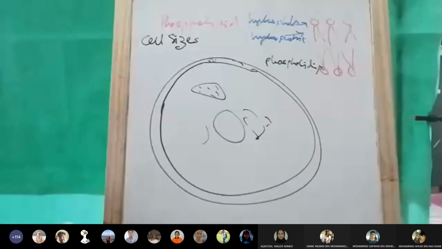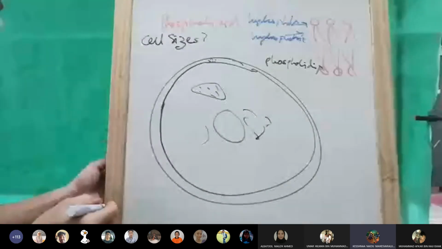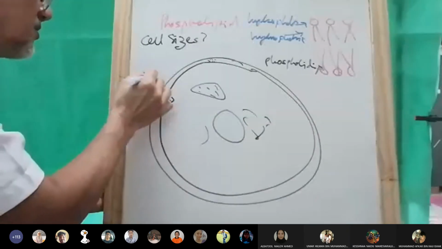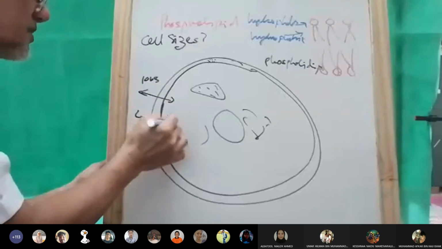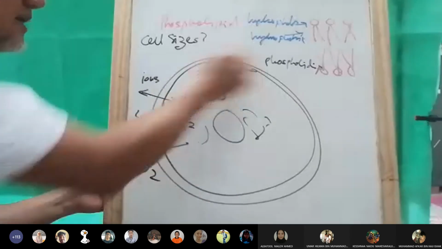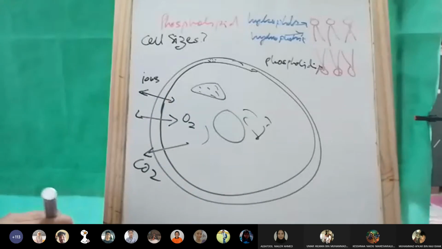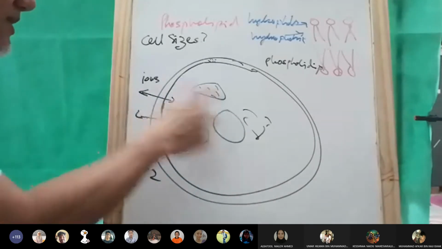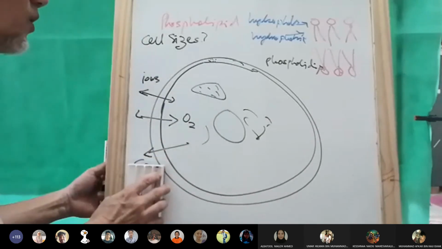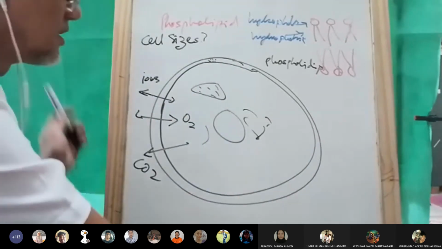Anyone? The total surface area to volume ratio. Yes, because the surface area that allows diffusion of ions or exchange of oxygen and carbon dioxide actually limits the size of the cell. It's not the plasma membrane that limits the size of the cell.